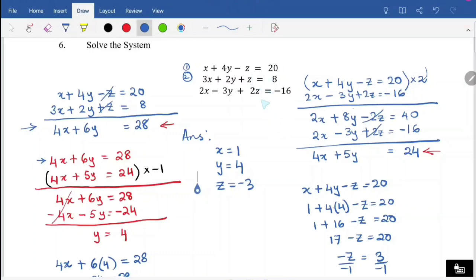The first equals 20, the second one equals 8, and the third one equals -16. So that completes question number 6. It just involves solving for x, y, and z, all the variables in the system of linear equations of 3 variables.